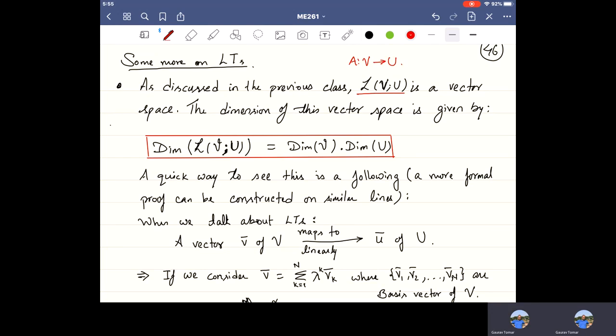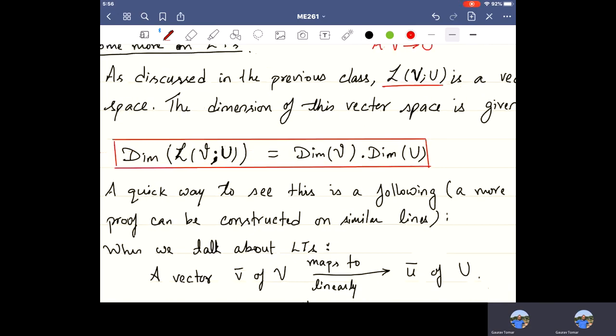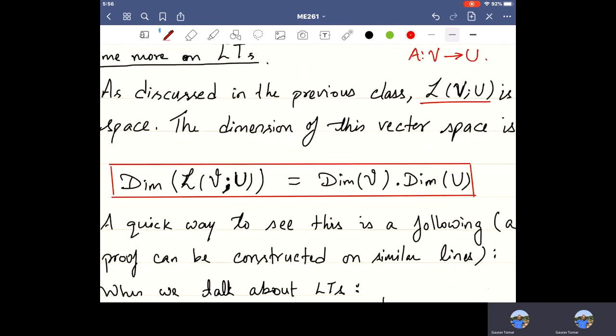All these transformations, put together, form a vector space given the special definitions of addition and scaling that we had defined. Now the dimension of this vector space is given by the product of the dimensions of the mapped spaces.